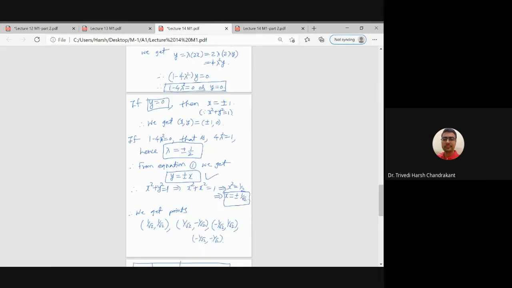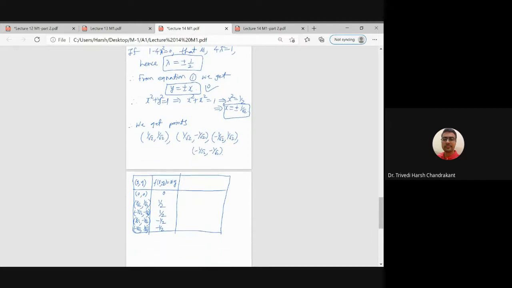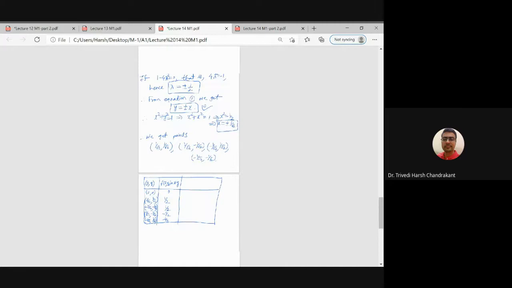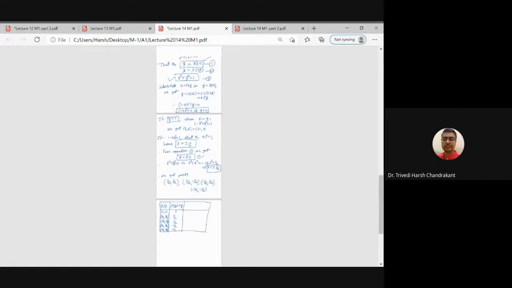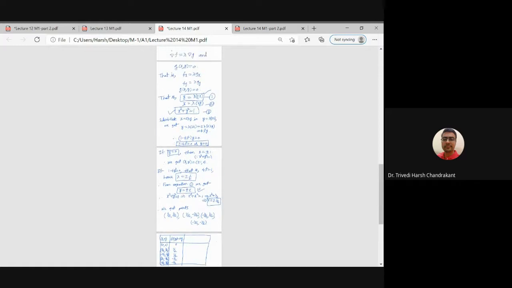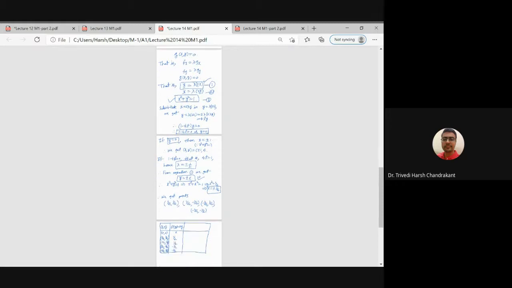So we know y is plus or minus x, and the value of x is plus or minus 1 by root 2. So that gave us these 4 points. So these 4 points lie on the unit circle. So they are basically critical points for the function f, which lie on the curve, the unit circle.